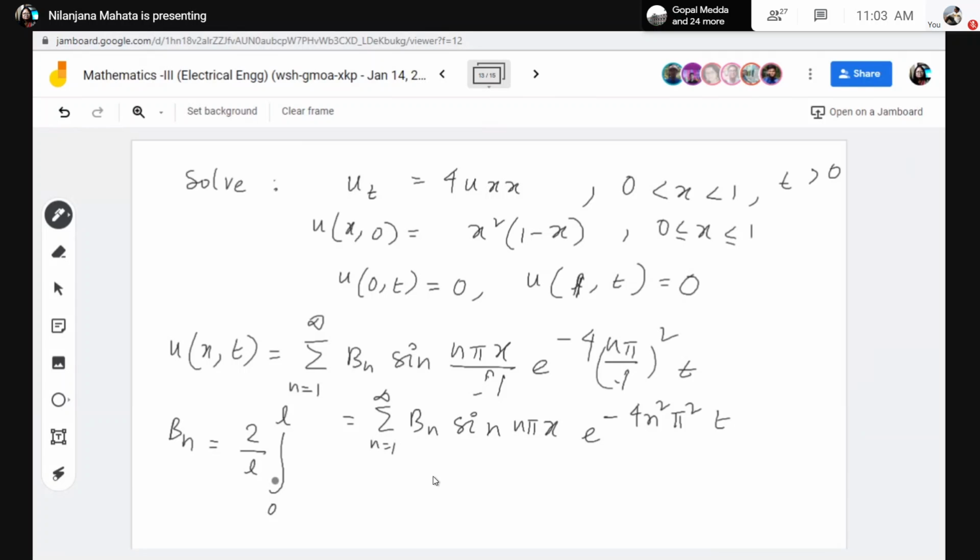Okay, and your Bn is then 2 by 1, integral 0 to 1, and your function is x square into 1 minus x, sine n pi x dx. So you have to integrate and find out this value.